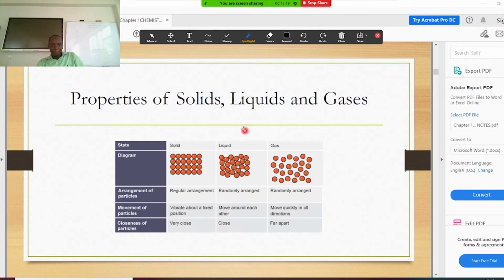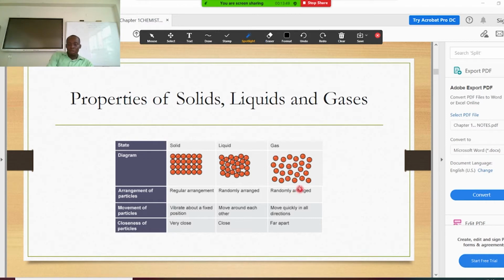Liquids are randomly arranged. When we say randomly arranged, it means that they have an irregular pattern. They don't have a regular pattern like that of the solids.